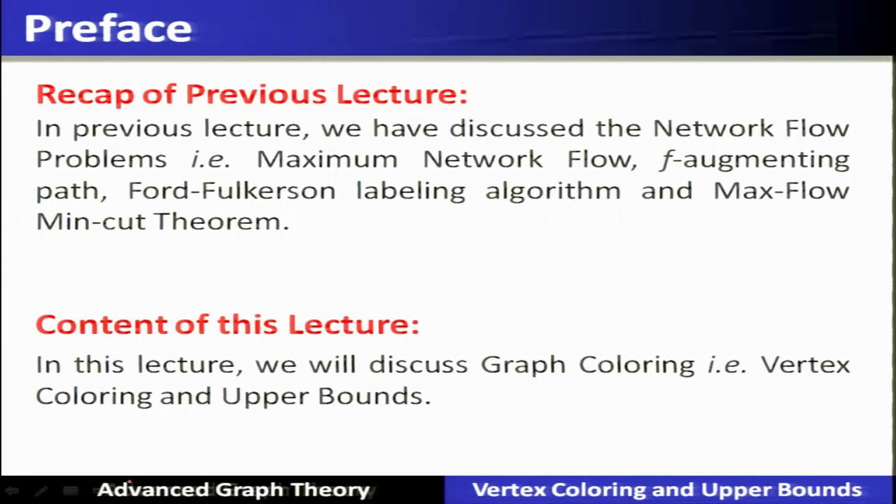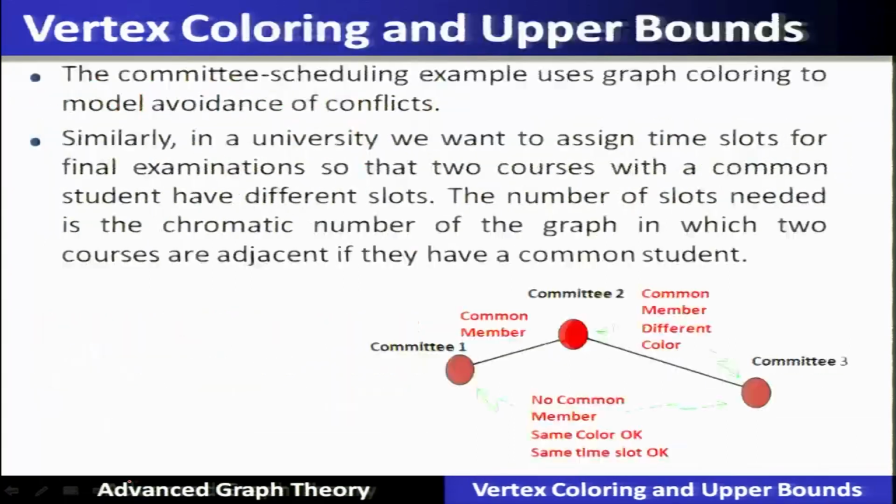Content of this lecture. In this lecture we will discuss graph coloring, that is the vertex coloring and its upper bound. Vertex coloring problem arises in many applications. For example, two committees, if they have a common member, can be joined with an edge.